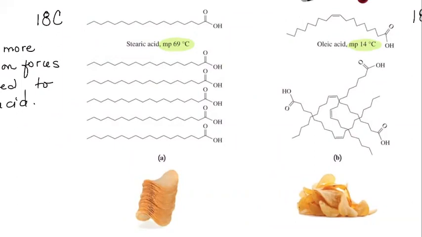So since the surface area in those tails, in the saturated fatty acids, are able to stack, then that is the concept that allows these molecules to have higher melting points when compared to other fatty acids that have the same number of carbons, but have double bonds.